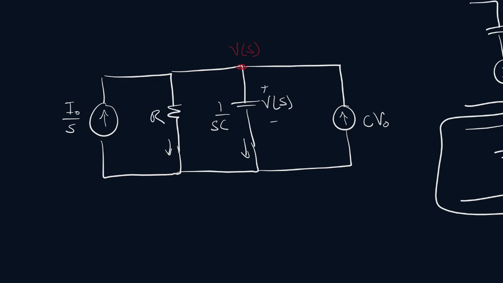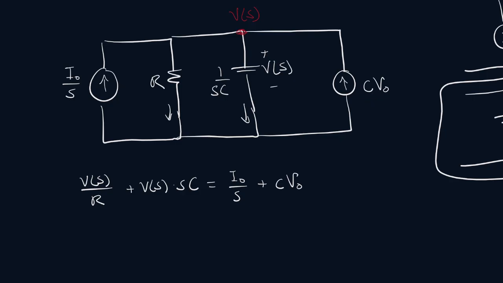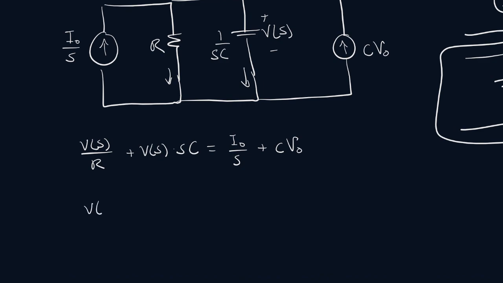So it should be the following: V of s over R plus V of s over 1 over sC, which will just be V of s times sC, is equal to I0 over s plus C times V0. Okay, so we just need to isolate for V of s. So we'll get that out.